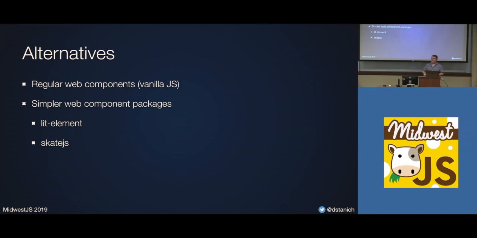And eventually, I think some of those might be part of the main browser spec. But for now, these are just very, very small wrappers that handle really basic rendering for you. So that would solve a lot of the problems you're talking about. But there are still issues like routing and that kind of stuff that you're going to need a package for. So there are still reasons to have a framework. It's just maybe not for everything.